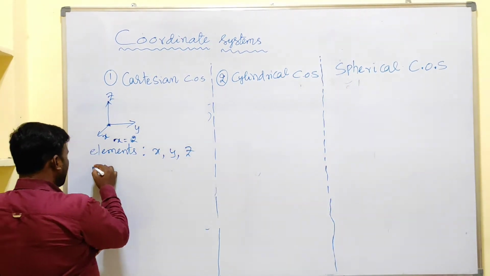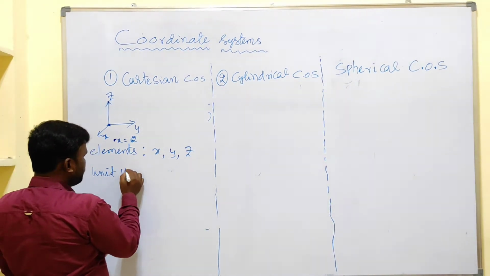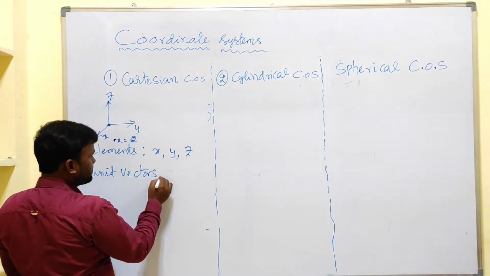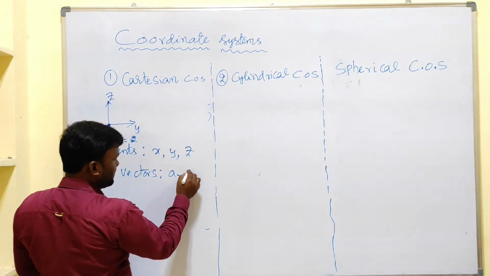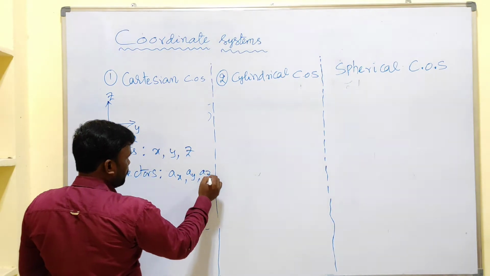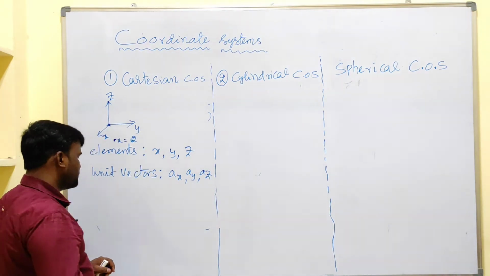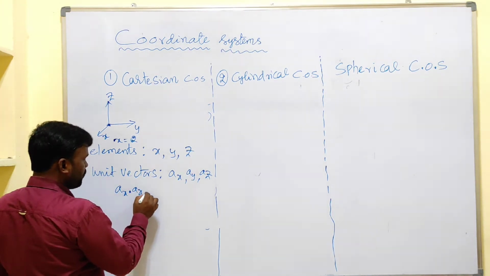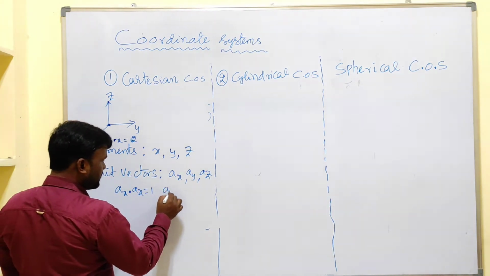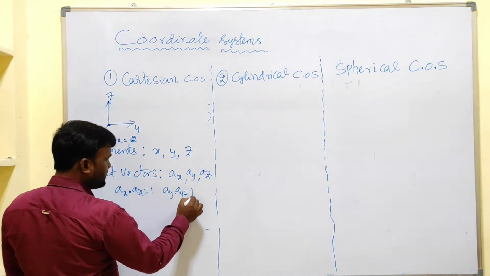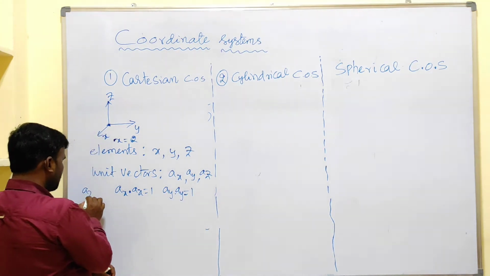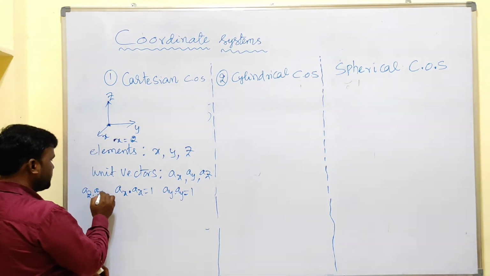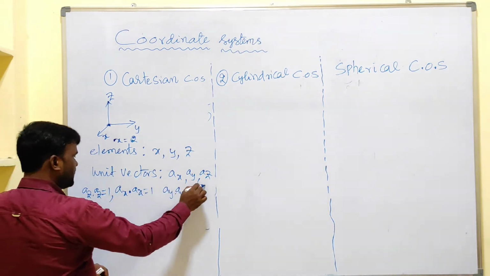And what about unit vectors? Unit vectors are nothing but Ax, Ay, Az. From the dot and cross products, we can write this. Ax dot Ax is 1.